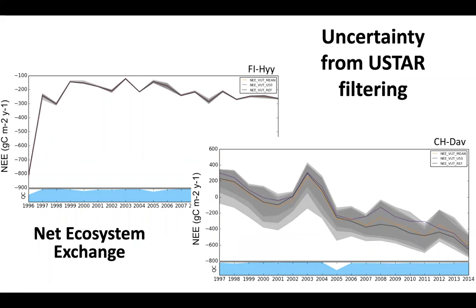Okay, so what does this look like in practice? Here are a couple of examples of what this uncertainty stemming from the U-star filtering will look like. These are two sites, and this is showing the net ecosystem exchange for these two sites at a yearly scale.